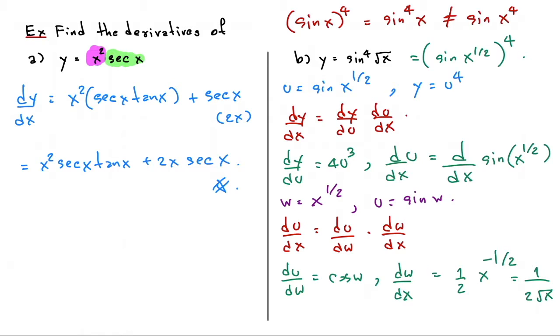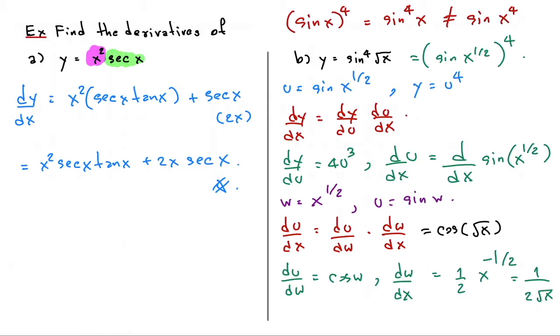So we have that this guy is cos w, which is cos of square root x, right?